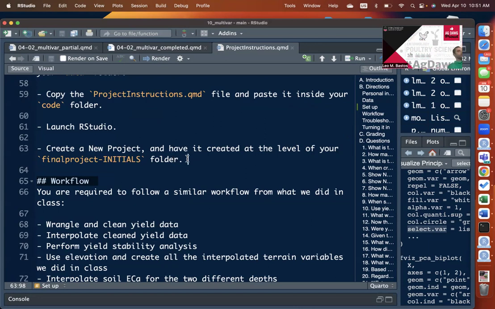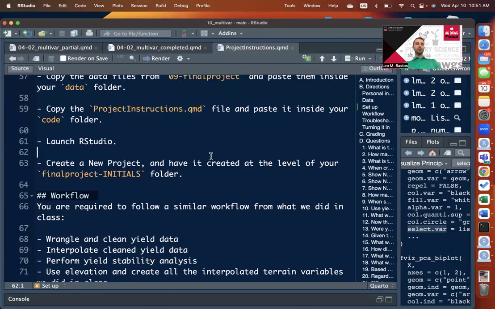The difference here is that instead of having one RStudio project and setup of folders for each step, you're just going to have one overall RStudio project, where in the code folder you have the instructions, but you're also going to be copying and pasting the scripts that we developed in class into this code folder as well.